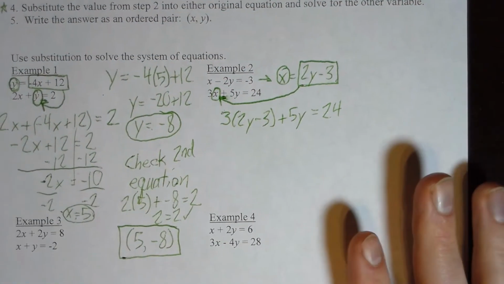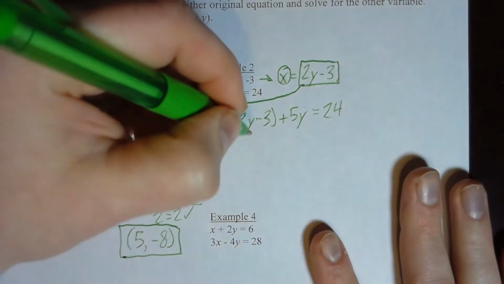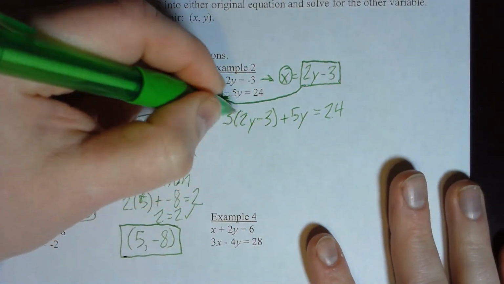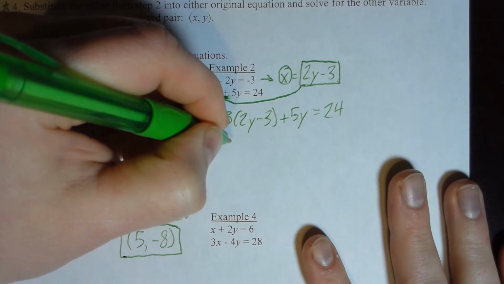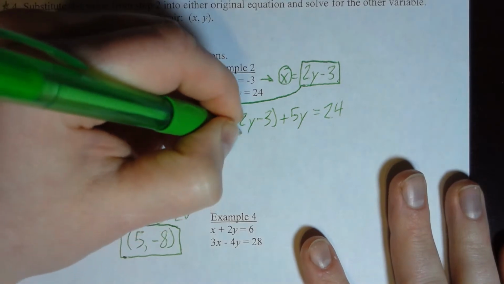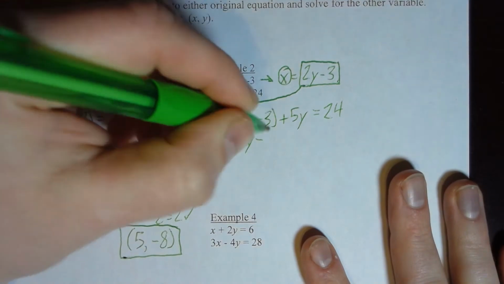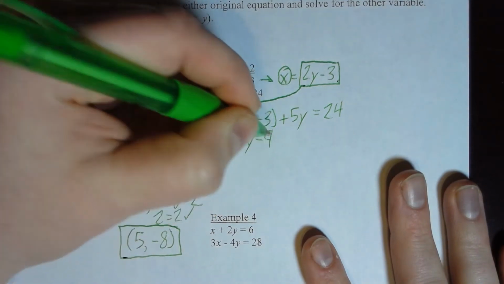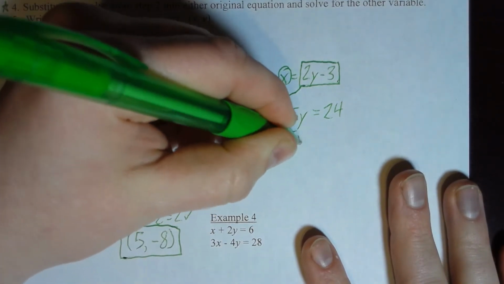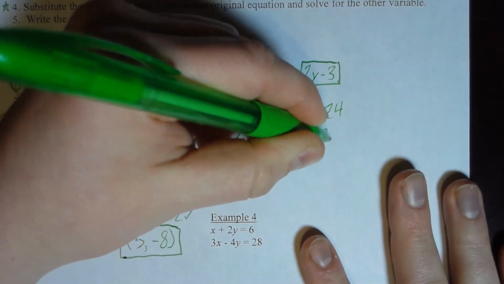Now I'm ready to do some algebra. I'm doing them with y's this time, and that's okay. My first step in solving any algebraic equation is to do distributive properties. So I've got 6y minus 3 times negative 3 is negative 9. I still have this plus 5y equals 24.